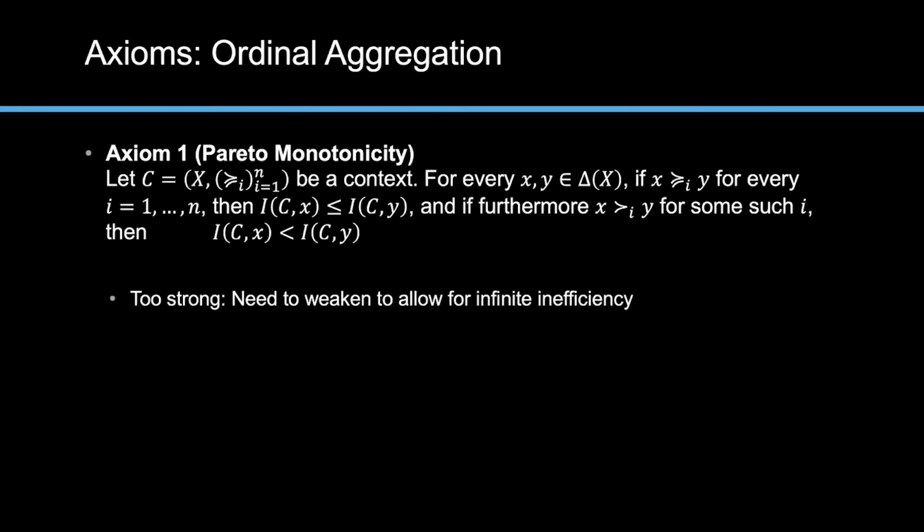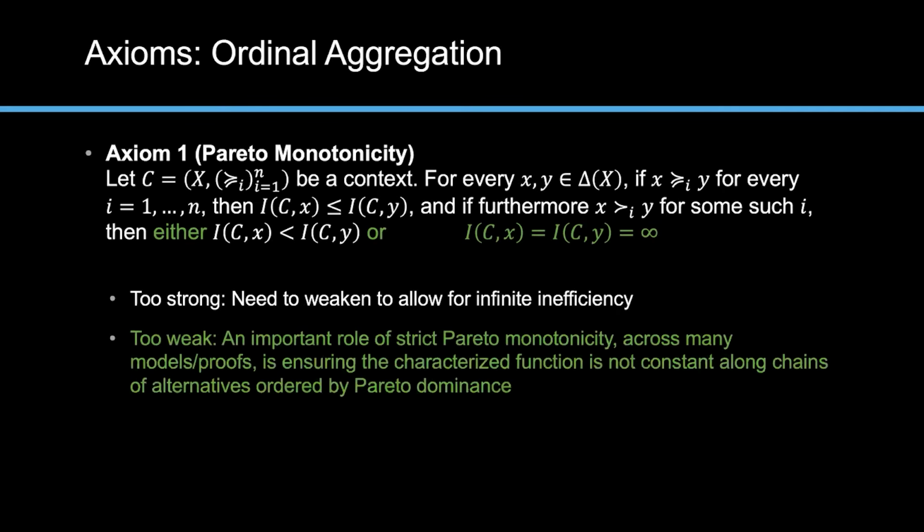And as we said, the first thing, this is too strong. We need to weaken it to allow for infinite inefficiency. So we're going to say either the inefficiency is strictly smaller or they're both infinity. This turns out to be slightly too weak in the sense that strict Pareto monotonicity across many, many papers has the purpose of making sure the function that you're defining is not constant. And as this is defined now, it allows it to be constant infinity.